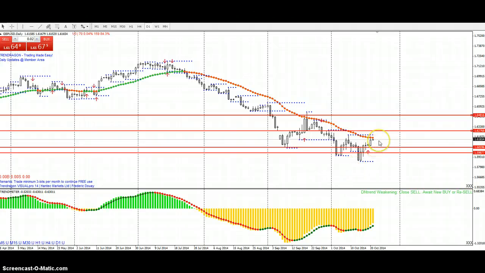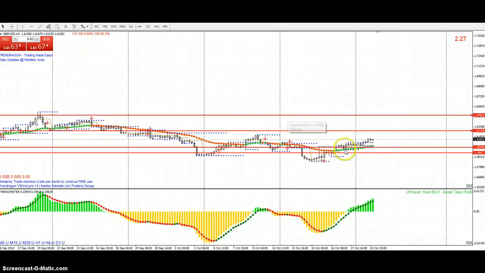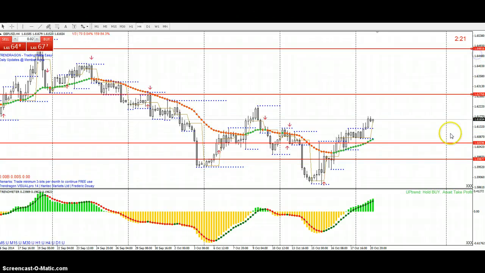So how would you trade this? Well, using trendragon at this level, you would want to look at a lower time frame, either the 4-hour or the 1-hour, and basically use those to go short. On the 4-hour, it's quite evident that you would not enter a short trade until the break of 1.6059 and even lower.